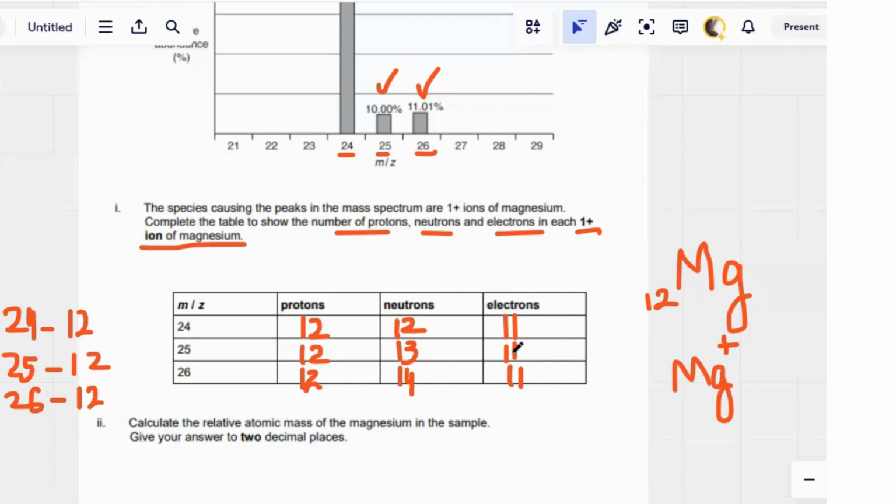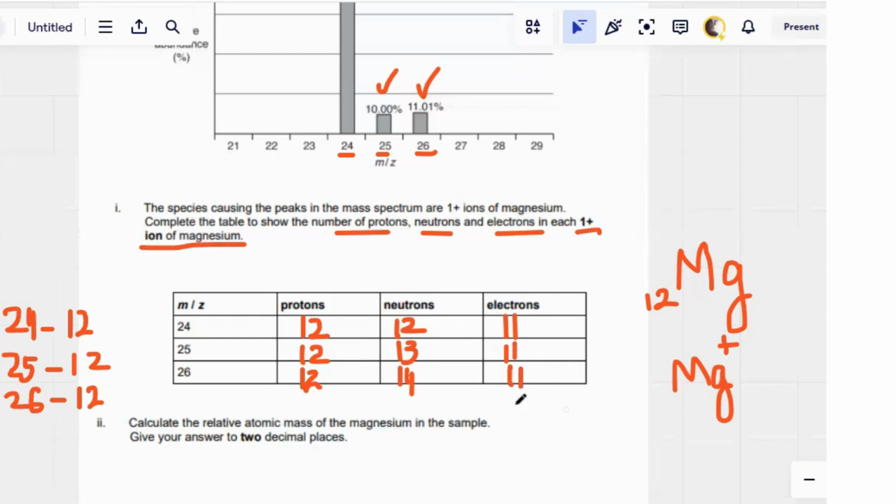What mistake some students make in such questions is that they complete the table for atoms rather than +1 ions, with 12 rather than 11 electrons.